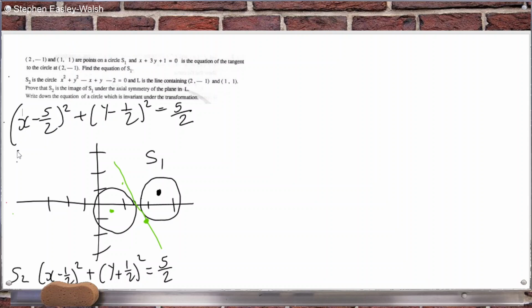Okay, so they're the same radii already.